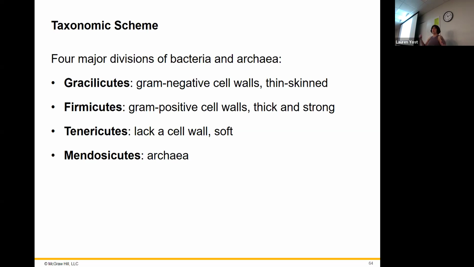So gram negative must be the gracilicutes. These have words that actually mean something. Tenericutes are the ones that are soft and lack a cell wall. Tener means tender and soft. They're the ones that don't have a cell wall.